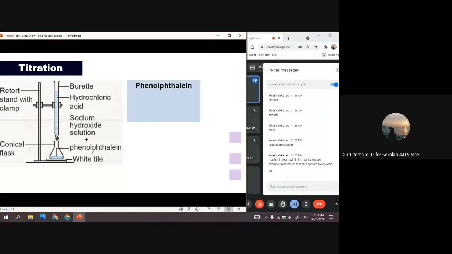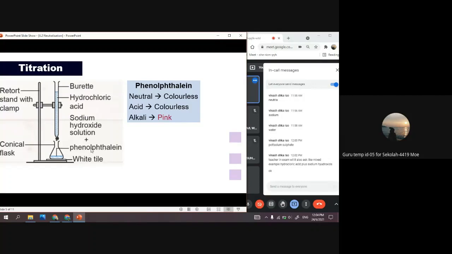Alright, and then from the previous lesson, okay, from the table of color change of indicator, alright, the substance ataupun the solution will turn colorless. Okay, if it turns colorless, it means that it is either neutral or acid, right?